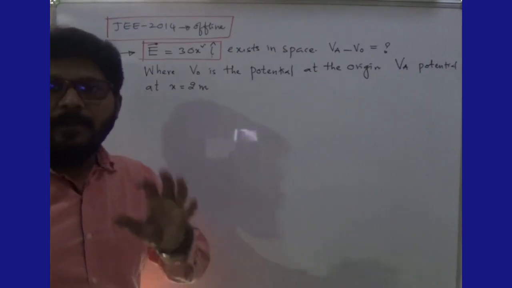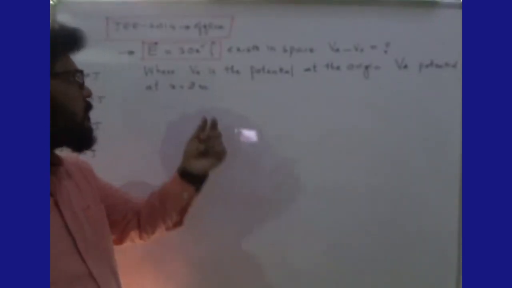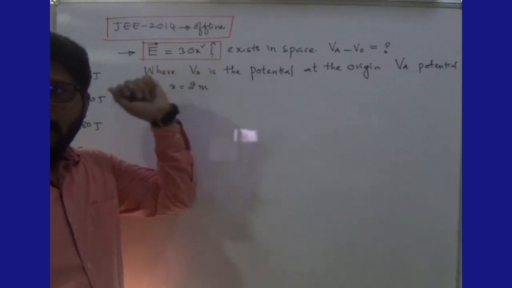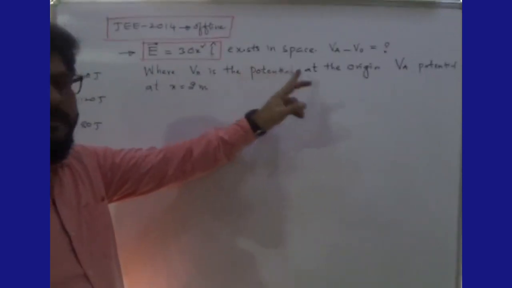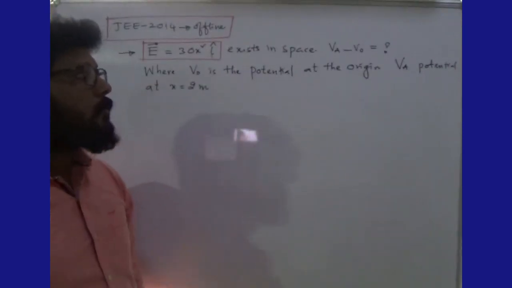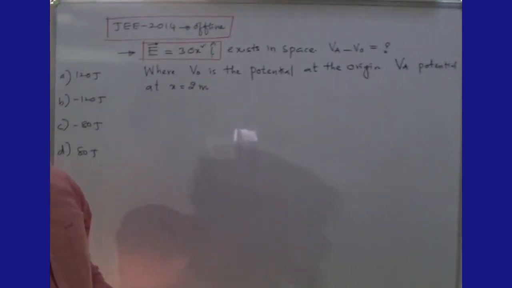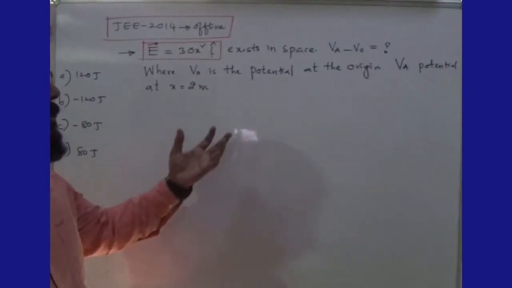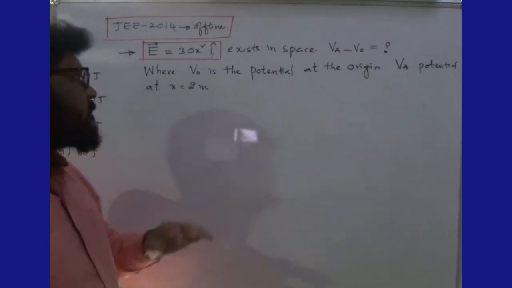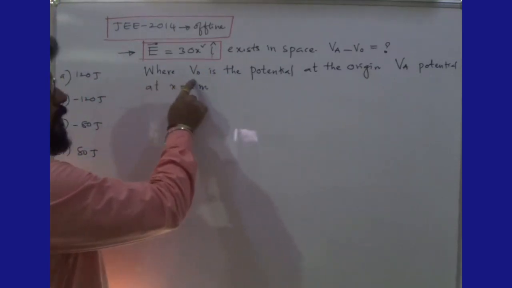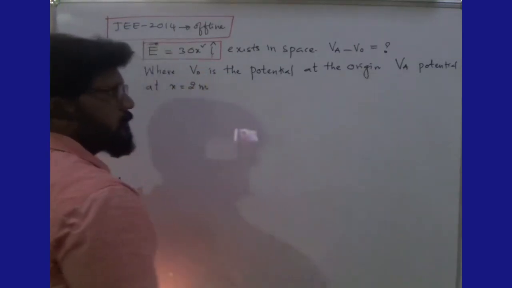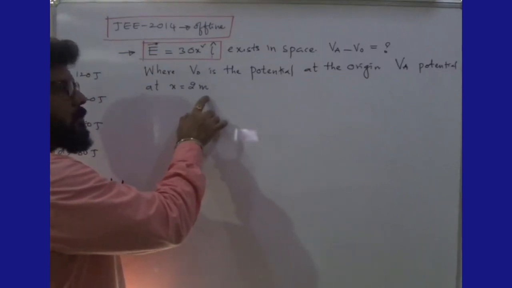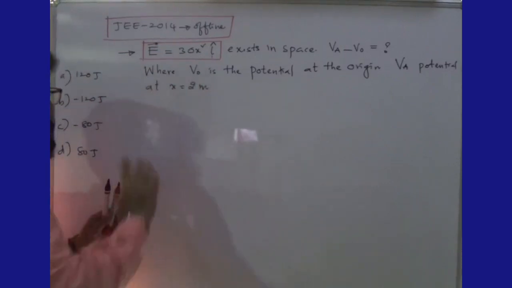That is, assume an electric field E equal to 30x square I cap exists in space. We should calculate the potential V_A minus V_0, where V_0 is the potential at the origin and V_A is the potential at 2 meters.